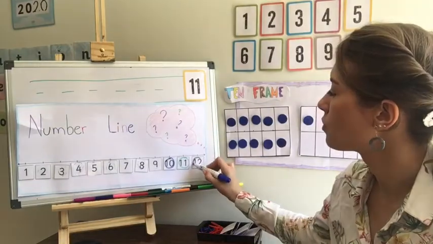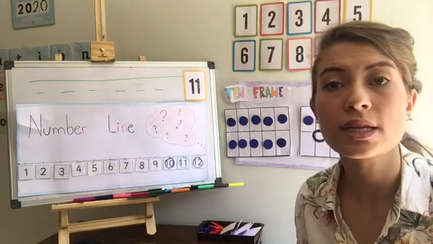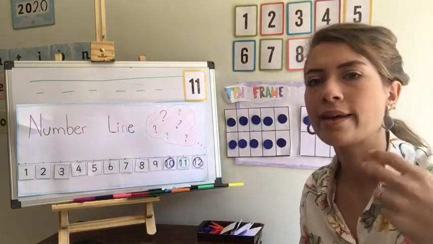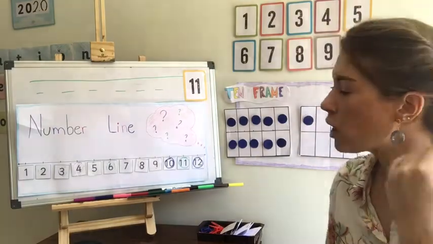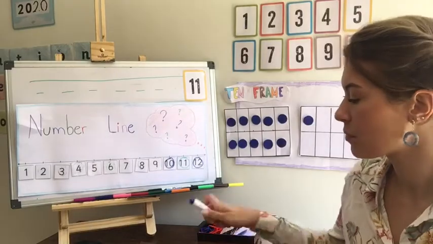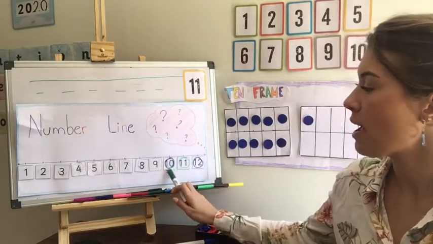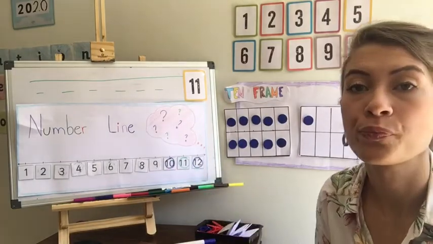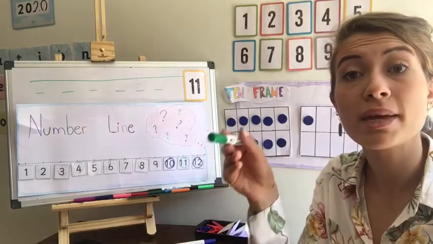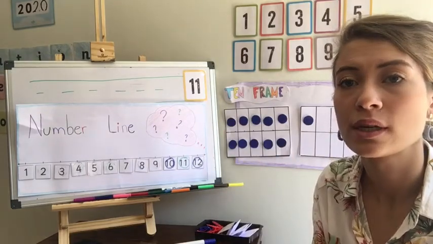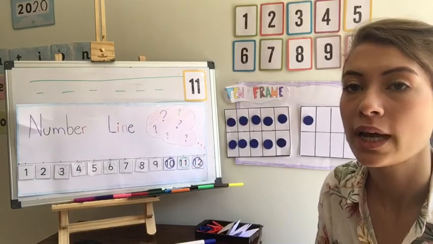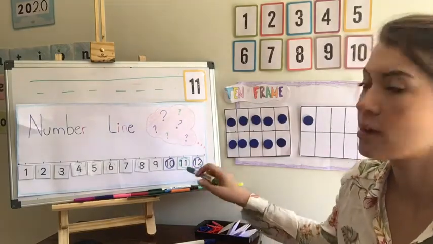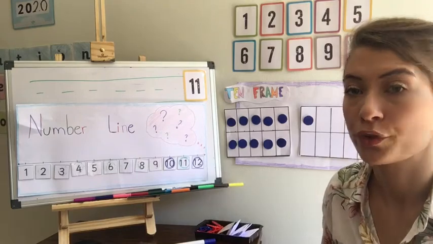Remember the sequence? 9, 10, 11, 12. And what is the number between 10 and 12? In the middle of two numbers, the middle of 10 and 12. It's the number 11, as you can see over there.